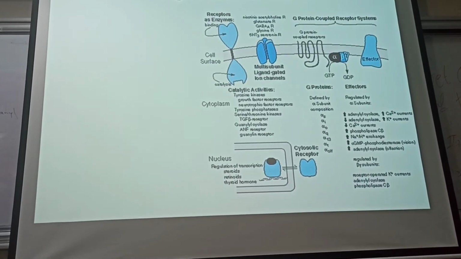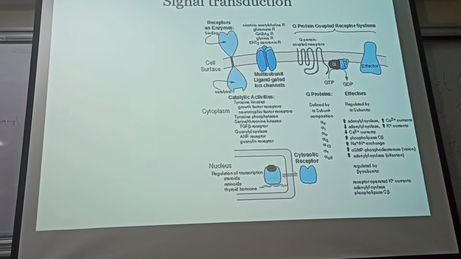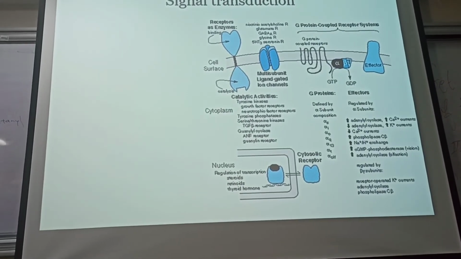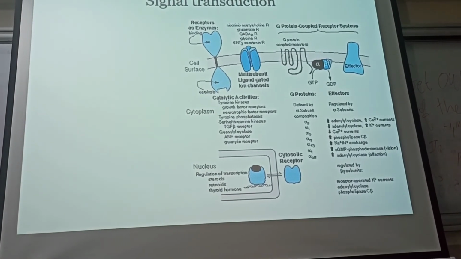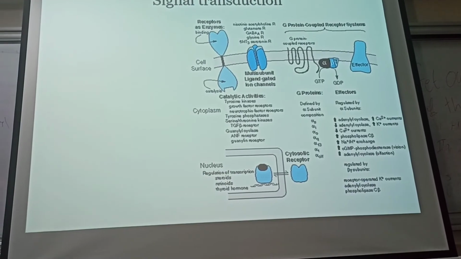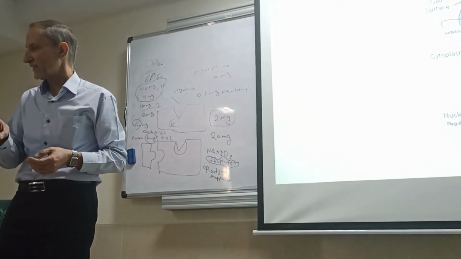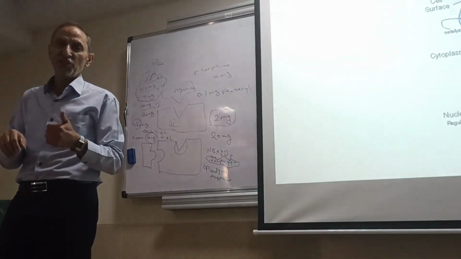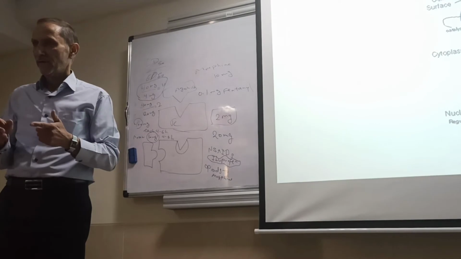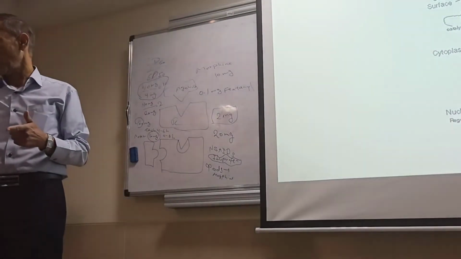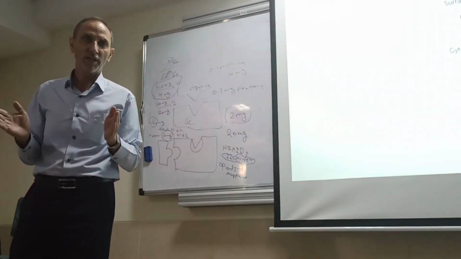So, they are closed in normal condition when there is no acetylcholine. When acetylcholine is released, it binds with a nicotinic receptor. It changes the conformation of the receptor or the channel. Then we have opening of the channel.